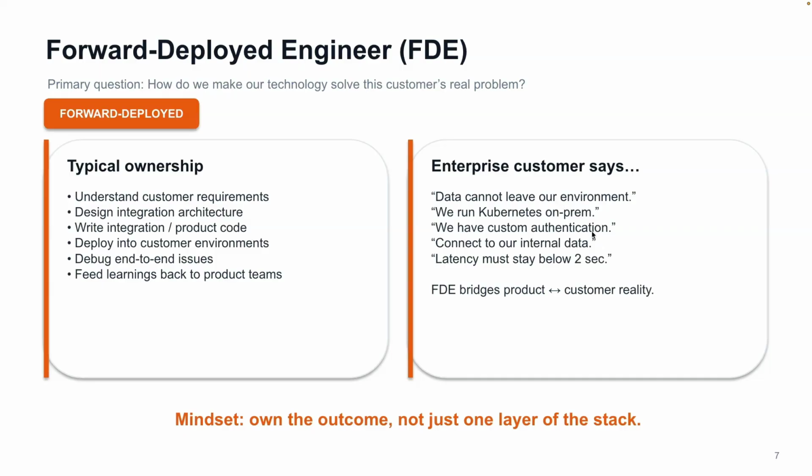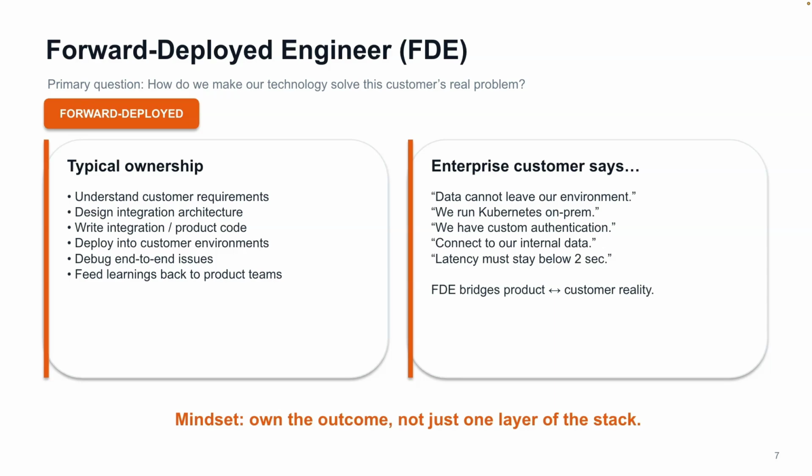They are using their own custom authentication system. They need to connect the model to their own internal data. And they have a requirement that the inference latency must stay below 2 seconds. So in this case, the forward deployed engineer works closely with that customer and engineering teams to make the product work in the customer environment.